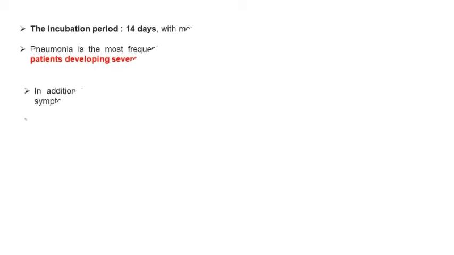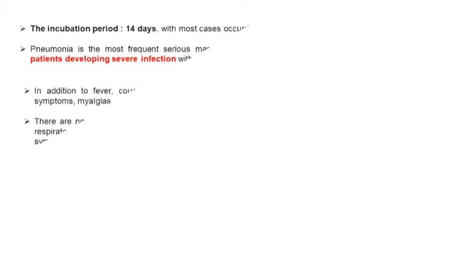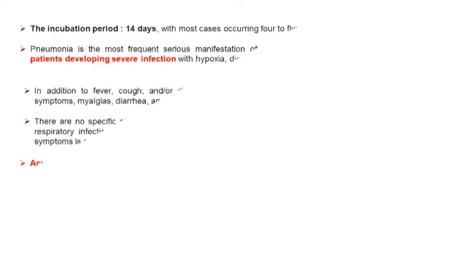In addition to fever, cough, and or dyspnea, there are other features including some upper respiratory tract symptoms, myalgia and fatigue, diarrhea, loss of taste and smell. They are also common.